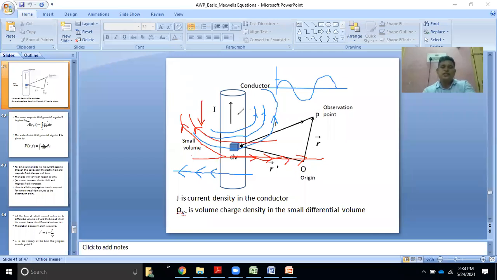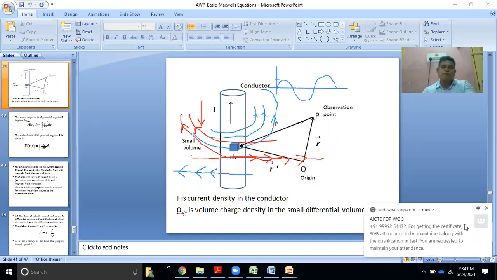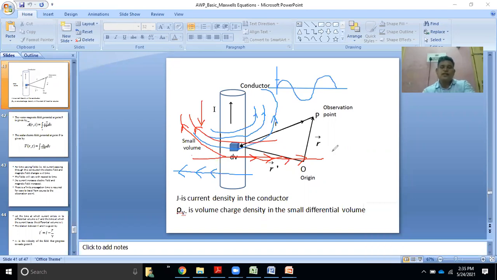If the direction changes, the direction of the magnetic field and electric field also changes. Therefore, the time varying current passing through this conductor produces vector potential and scalar potentials that also vary with respect to time. You have to understand this.